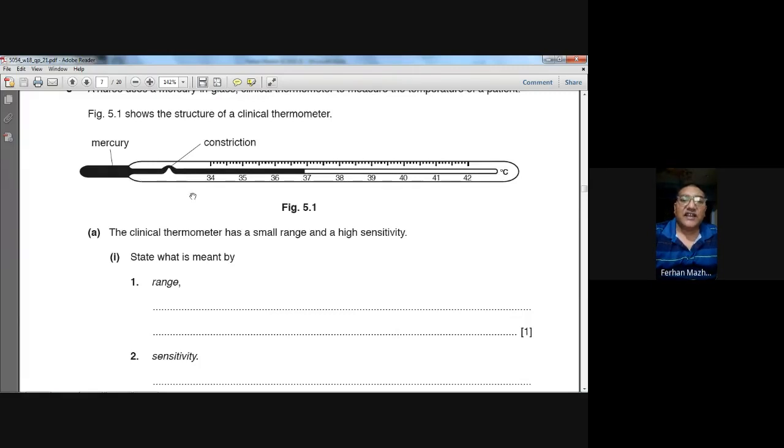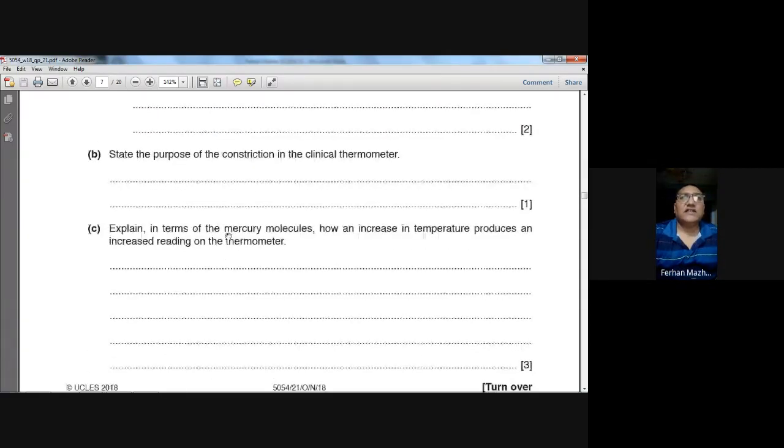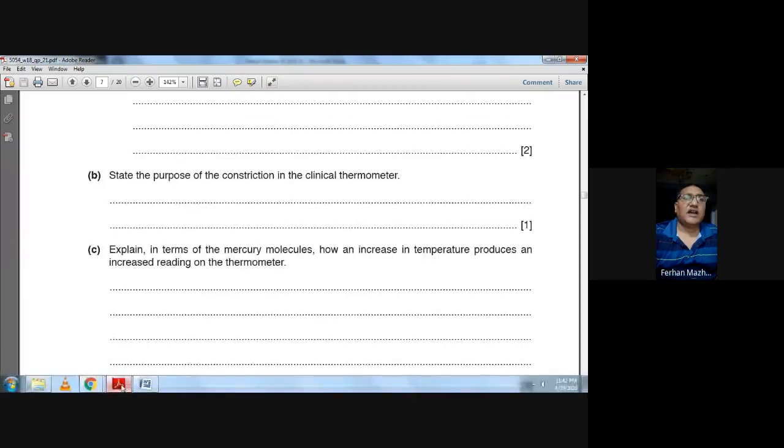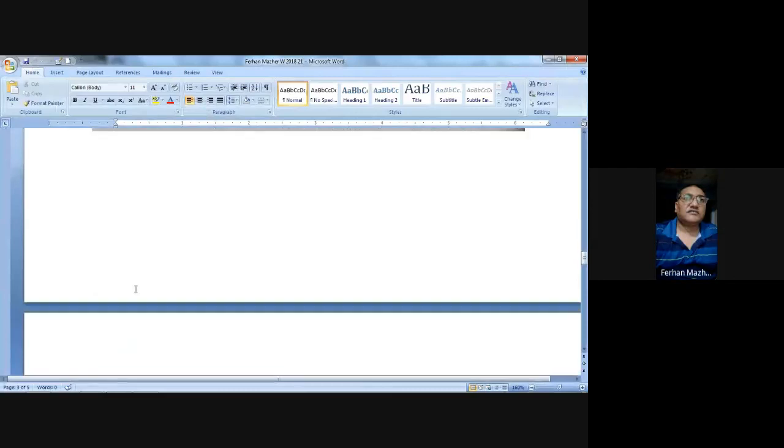So the reading on the thermometer is maintained for a longer time, and the doctor or the nurse or whoever is checking the temperature has ample time to read and note that temperature. I have written this answer, that is the function of the constriction.